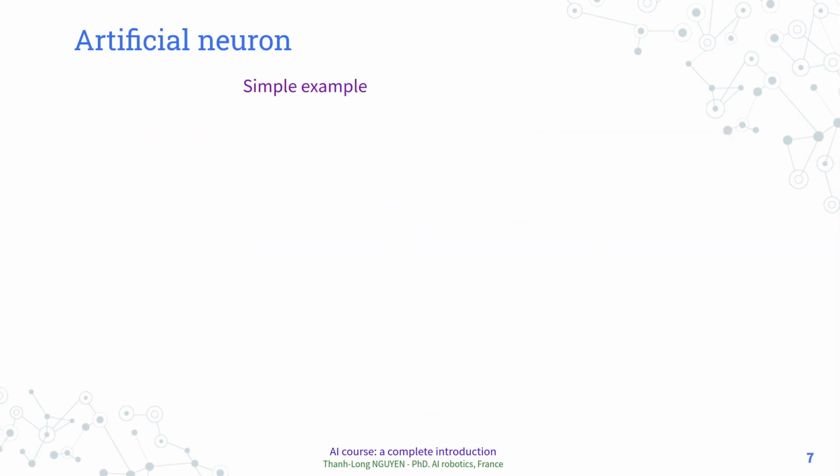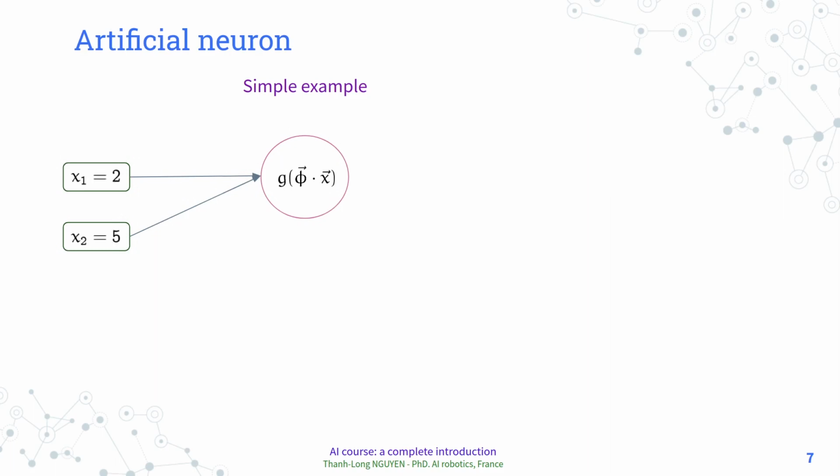Now, I would like to give you a simple example. Imagine that we have a neuron with a logistic activation function g, and this neuron has two official inputs, x1 and x2. For example, x1 equals 2 and x2 equals 5. Besides those official inputs, we want to add a bias unit x0 to the input vector like this, and remember that x0 is always equal to 1.